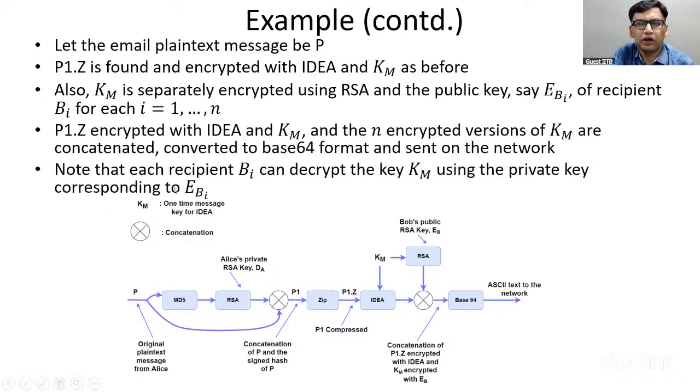Each recipient Bi can decrypt the key KM using the private key corresponding to EBi. That's the decryption part, so each of these n receivers is able to decrypt the message P using their own private key.